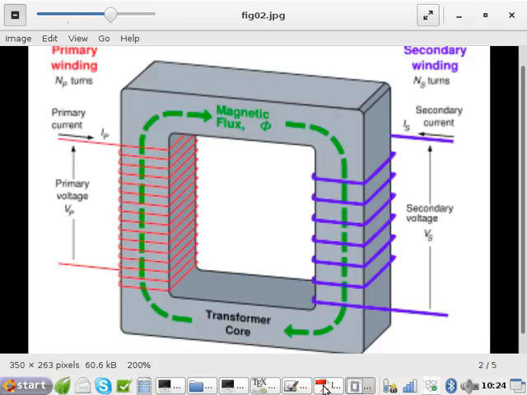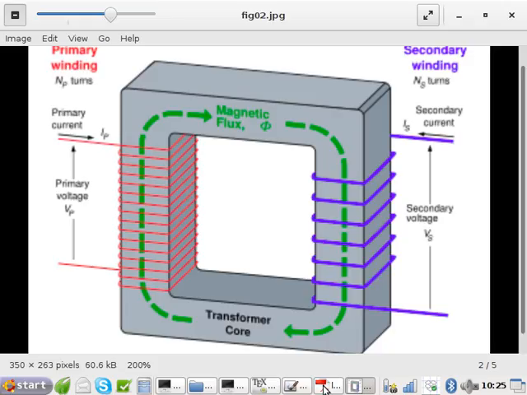So then what do you get here? You get a current. If the magnet keeps changing here, then it makes a current here. Now, if you think about your formula, you have voltage equals N times delta phi over delta T.